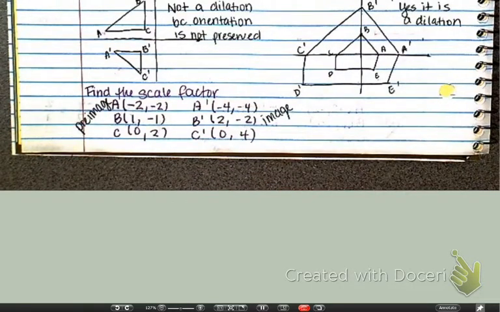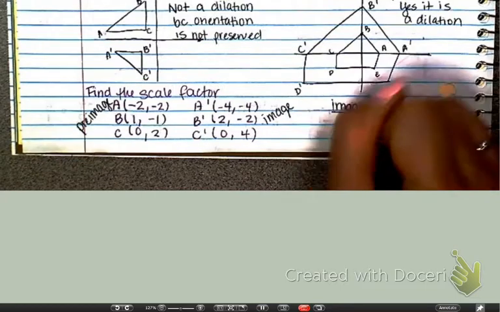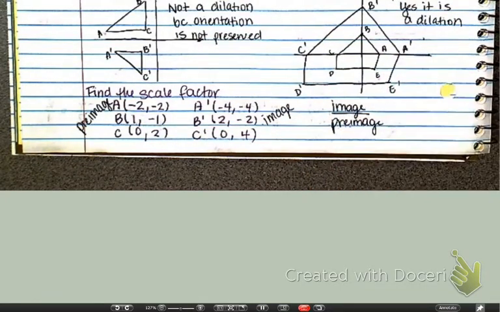Now, if you're looking for scale factor, it's a ratio. Our ratio is going to be our image over our pre-image. Okay, for scale factor, it's image over pre-image. This is important. Image over pre-image, so new over old.